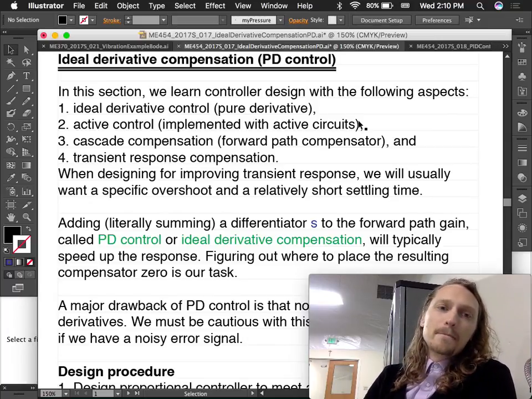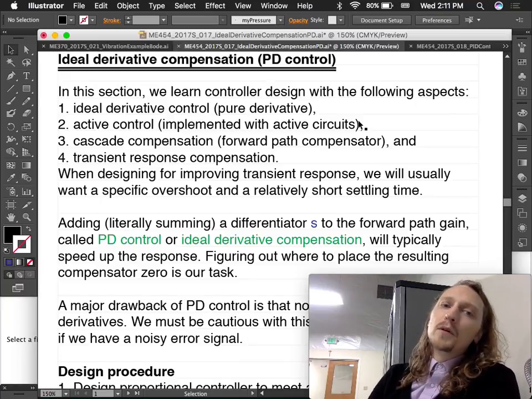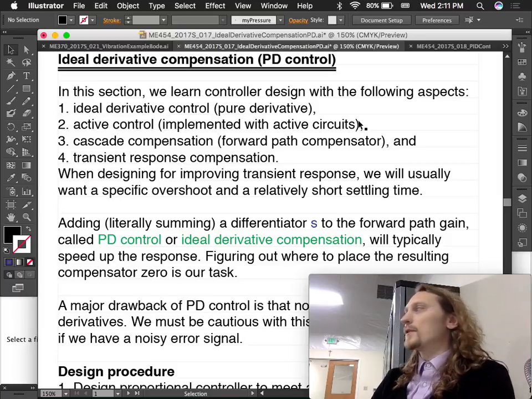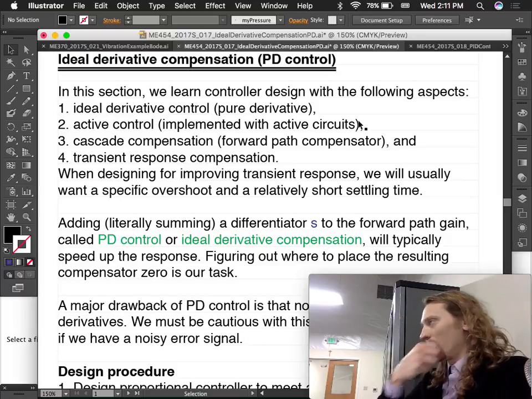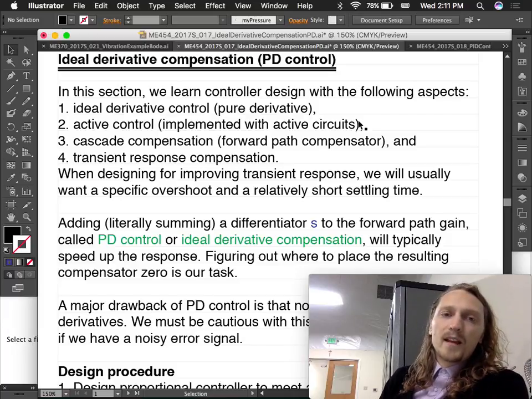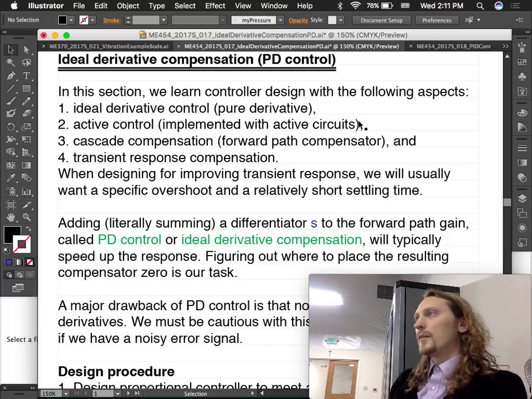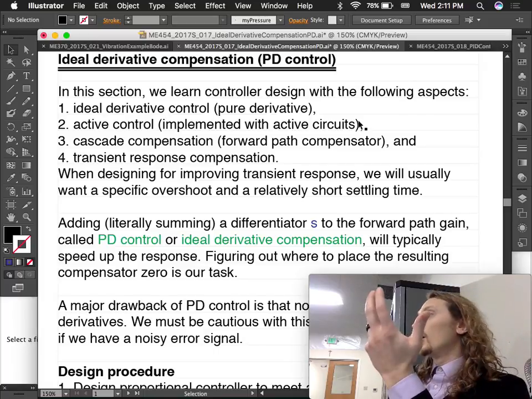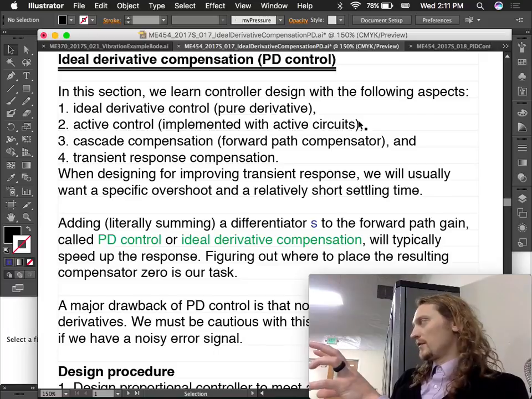Second, an active control aspect. This controller can only be implemented with an active circuit, so you can't build this out of capacitors and inductors. We're using cascade compensation, which is the forward path compensator, like we have been already, and transient response compensation. So finally, we're going to design for transient response.